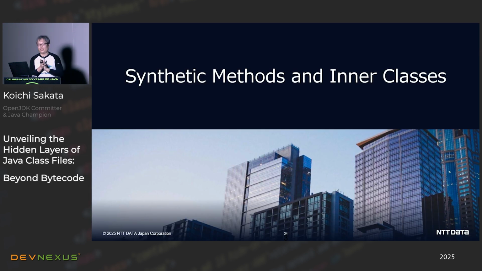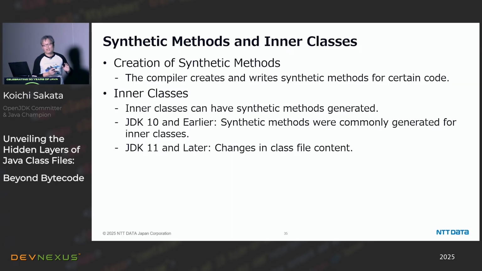Next, let's closely examine synthetic methods and inner classes. Inner classes can have synthetic methods generated for certain code. This was the case in JDK 10 and earlier. From JDK 11 onwards, the content of the class file has changed. Let's see how it changed.